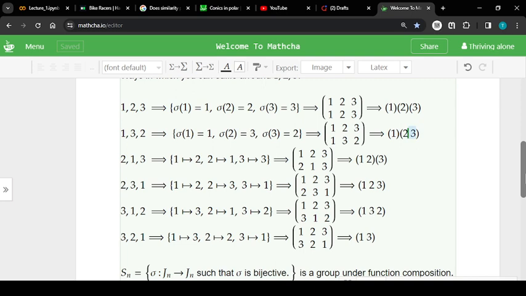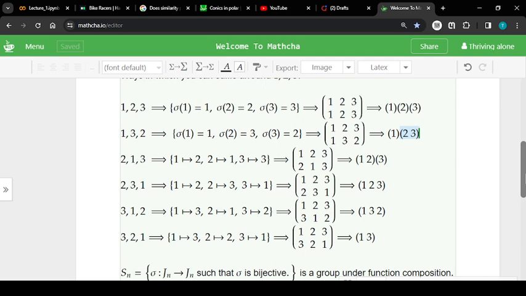The cycles are mutually exclusive. If two cycles don't share anything, they are called disjoint cycles. And you'll learn more about them soon.